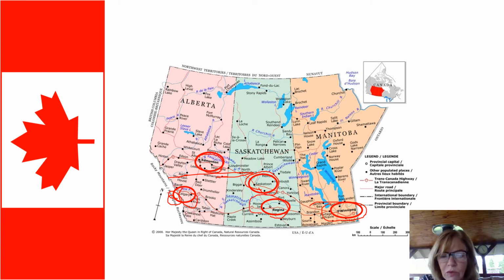So Winnipeg is the capital of Manitoba. Regina is the capital of Saskatchewan. And if you go over to Alberta, Edmonton is the capital of Alberta, but Calgary is a large city.